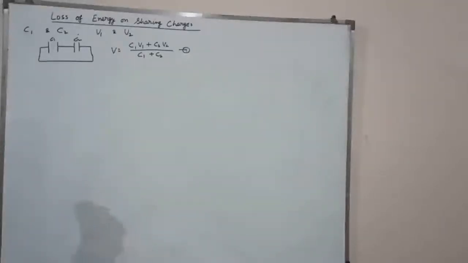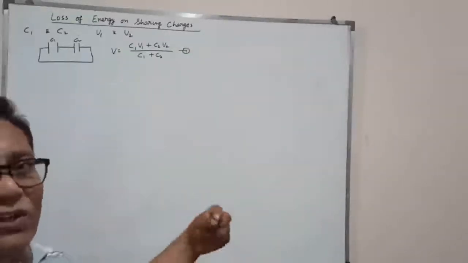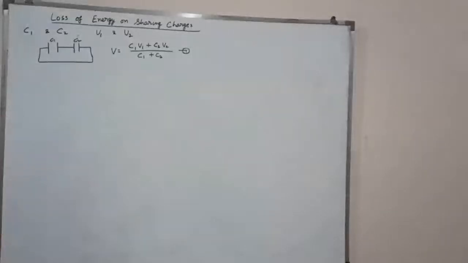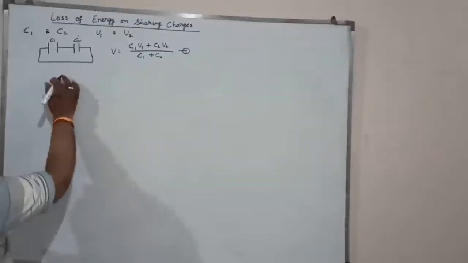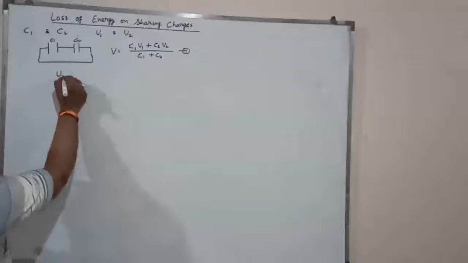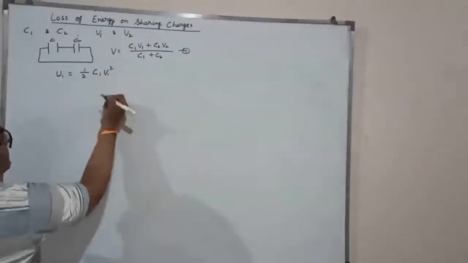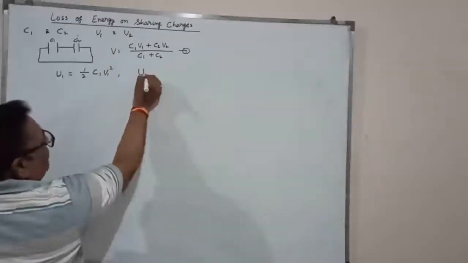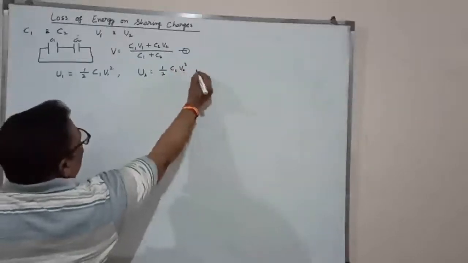Clear? And we are going to calculate that when two charged capacitors are connected with each other, there is always an energy loss. Initially the energy is stored in the capacitors. Energy stored in the first capacitor is U1 equal to half C1 V1 square, and energy stored in the second capacitor is half C2 V2 square.